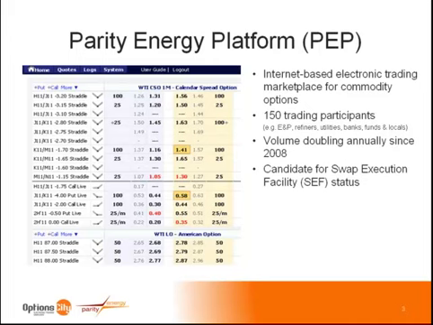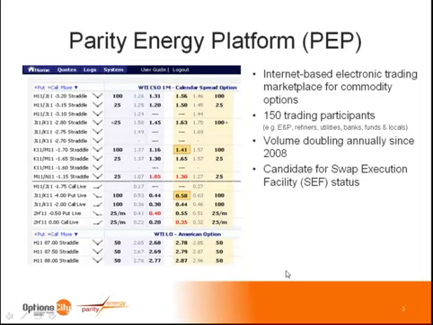Parity Energy is in the business of matching institutional buyers and sellers of energy derivatives, both over the counter and on exchange. Parity Energy owns and operates the Parity Energy Platform, or PEP, an internet-based global electronic trading facility for energy options, whose volume has been doubling year over year, handling over 8,000 trade executions and 600,000 contracts since inception in 2008.